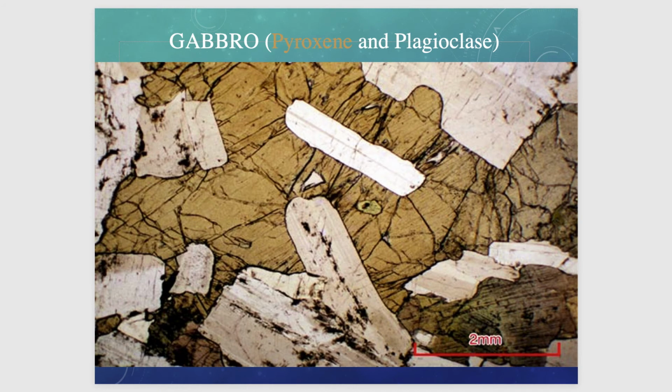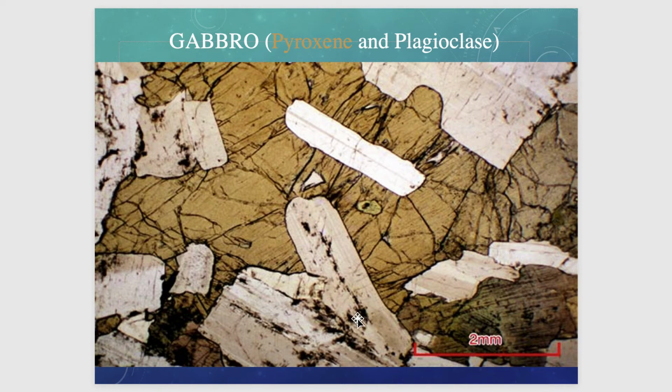An example of a gabbro here, again in thin section. This time we have a scale, so 2 millimeters. It gives you a good understanding of the size of this crystal, which is slightly more than 2 millimeters. So you have a big magnification in this particular case. You can see here the abundance of plagioclase.